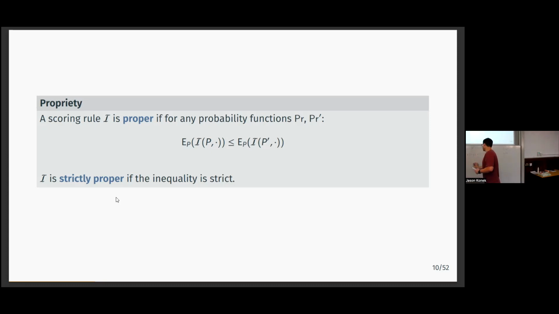Let's do it that way, because mere propriety is going to come up. So let's say your real belief is 0.6. If you were evaluating someone who gave a forecast of 1, there'd be a 60% chance of 0 and a 40% chance of a score of 1, which I think works out to 0.4 expected score.